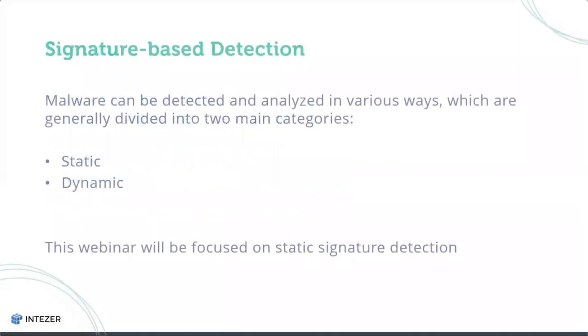Signature-based detection is, I would say, the most basic thing you can do in order to detect malware. It has been used since the 80s, when antiviruses started to be relevant. It works in a very simple way.